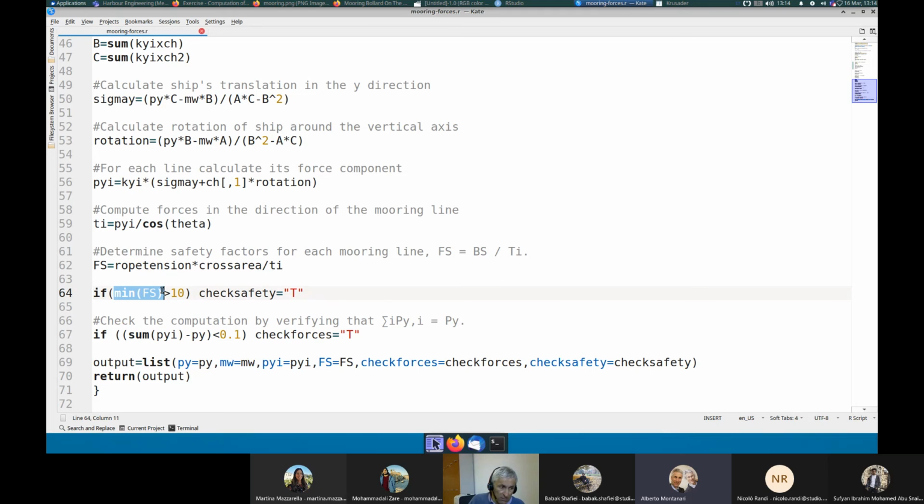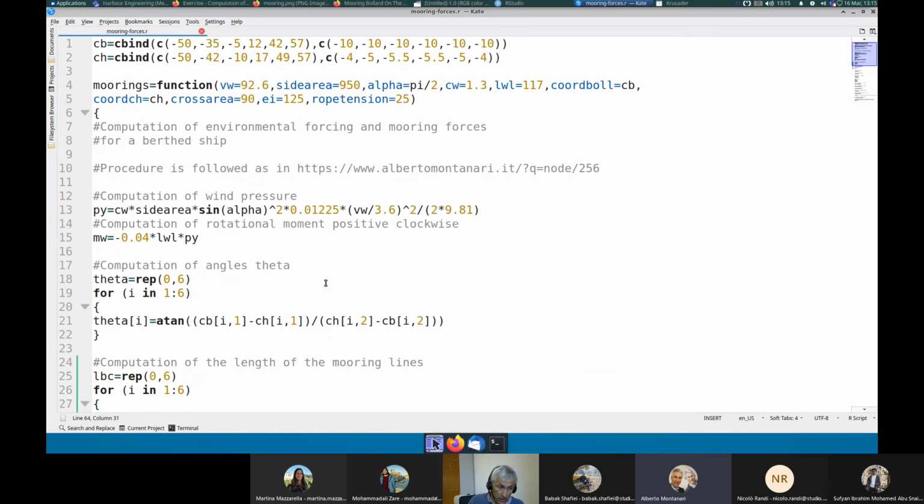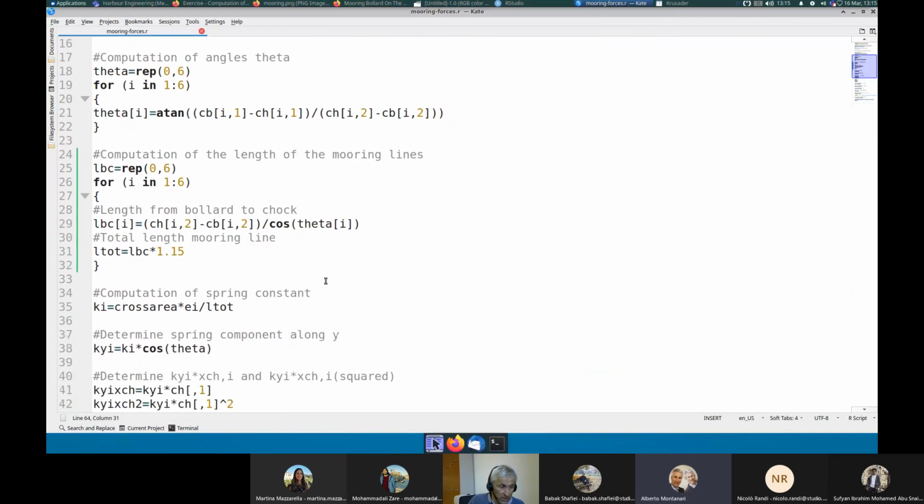If the minimum safety factor is greater than 10, then this is the instruction to be executed in R if the condition is satisfied. So I create a logical variable, check safety, which takes the value T, which means true. Okay, very good.